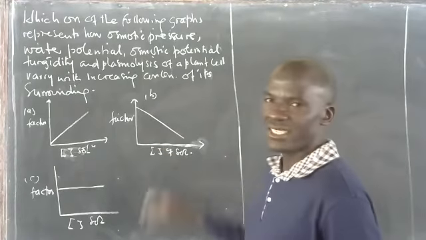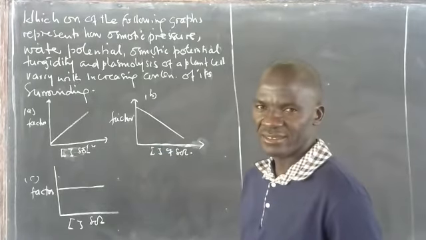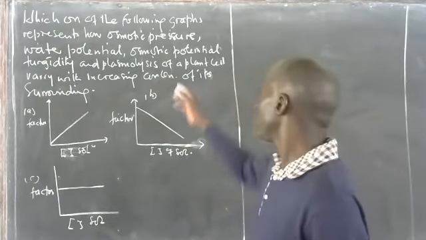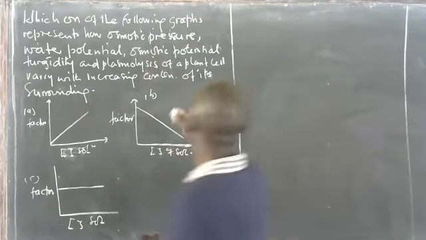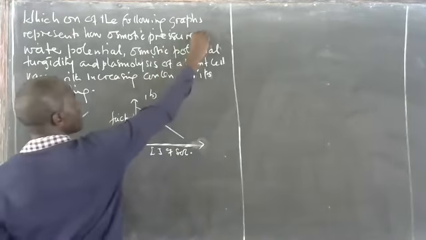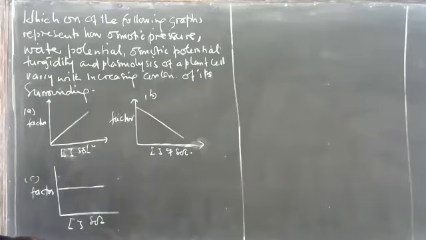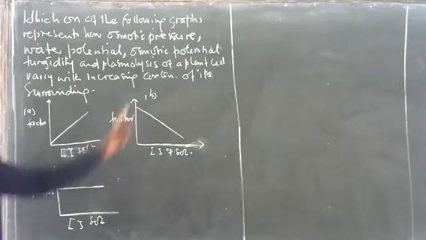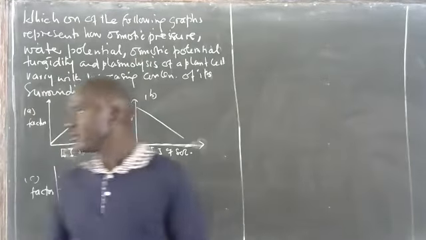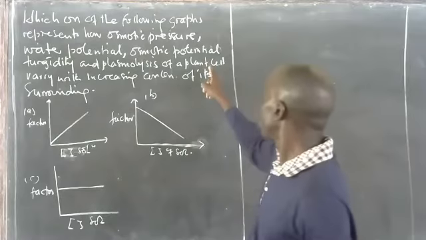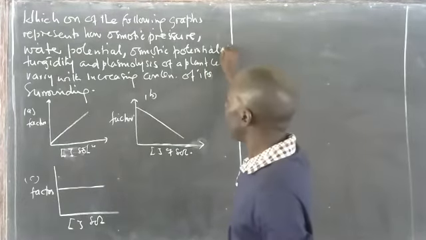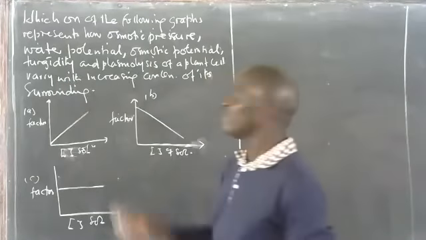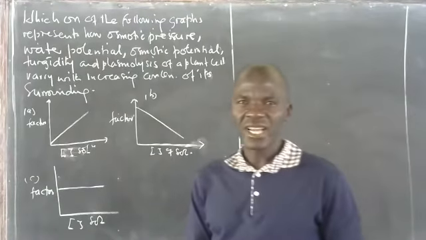how factors of a plant cell, I've given a list here. I've given osmotic potential, osmotic pressure. I've given water potential. I've given osmotic potential. I've given turgidity. I've given plasmolysis of a plant cell.